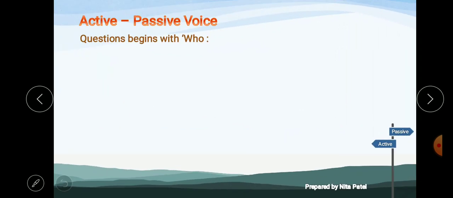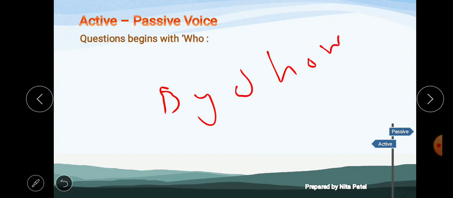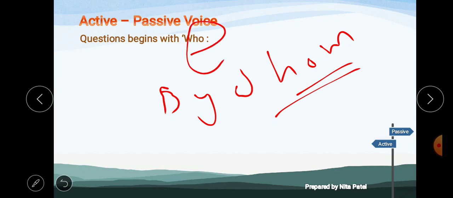Okay, now we'll see the question which begins with "who". Now it is again the very same thing, only we'll have to remove "who". In place of "who" we will write "by whom". Other rules are the same. Now "who" is there, that means there is no subject, so we don't have to write "by dot dot dot" subject, right?